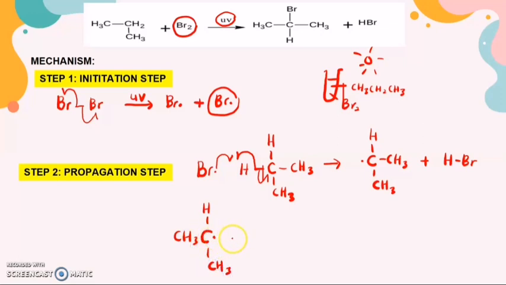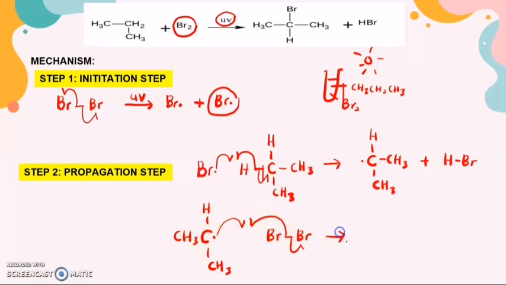One electron combines with one electron from the homolytic cleavage of bromine, and another electron will go to the other bromine. So the free radical attacks the neutral compound.